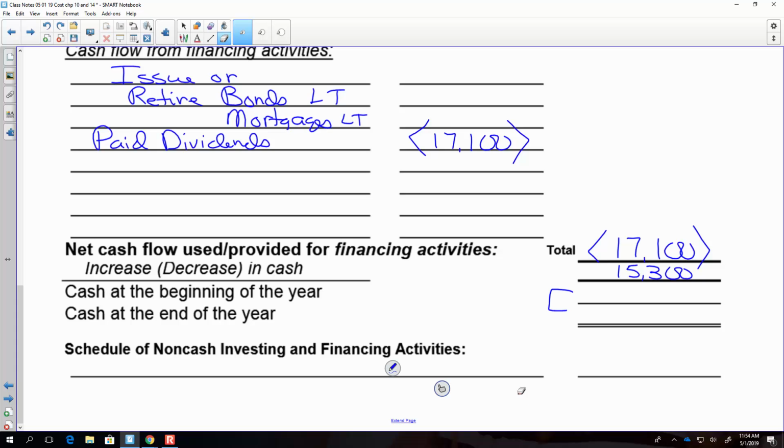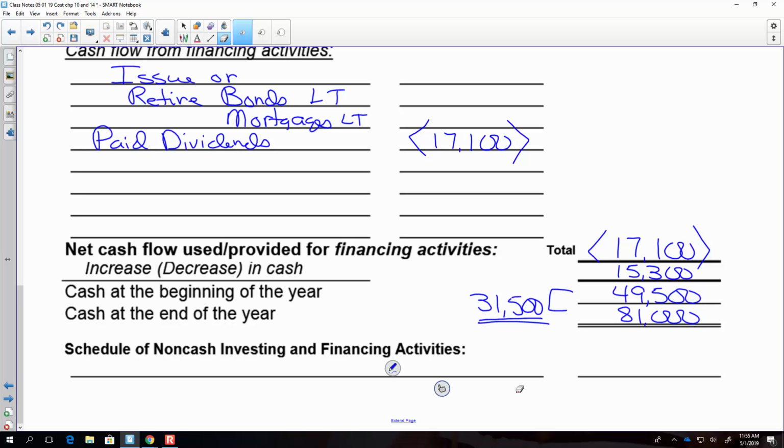What did we forget, or what did I forget? I should end up with what? 31,400. Is there common stock we didn't account for? We issued common stock? Oh, look at that.